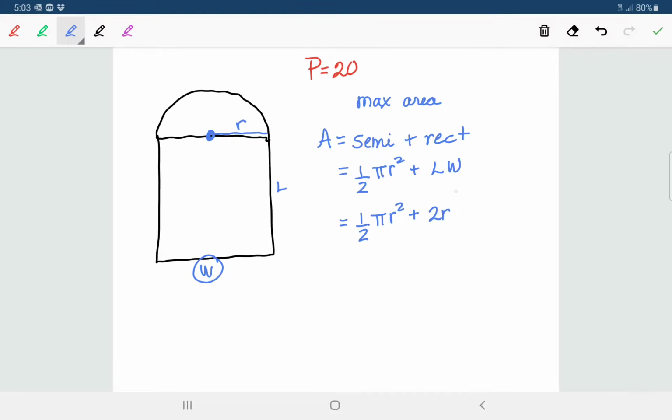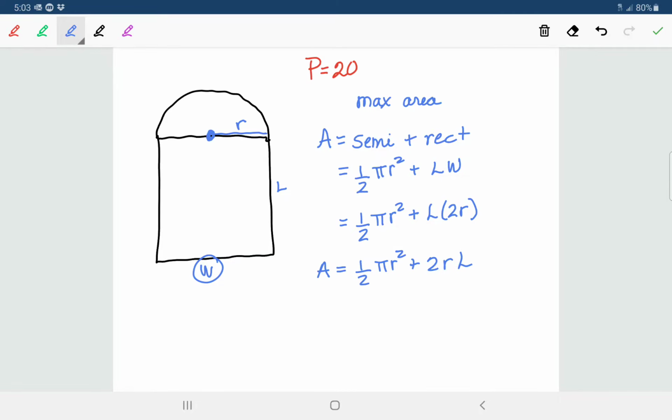So the width is 2r and we have length. Right now the area is equal to 1/2 pi r squared plus 2r times L.